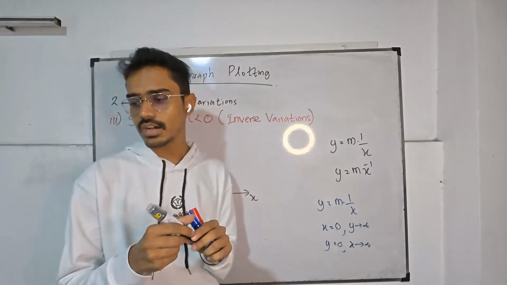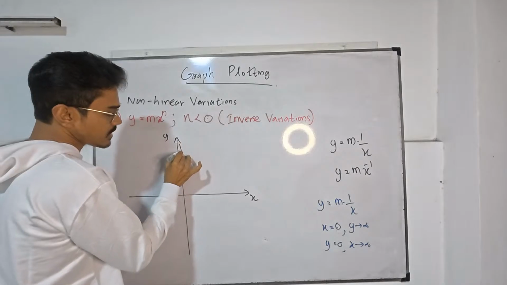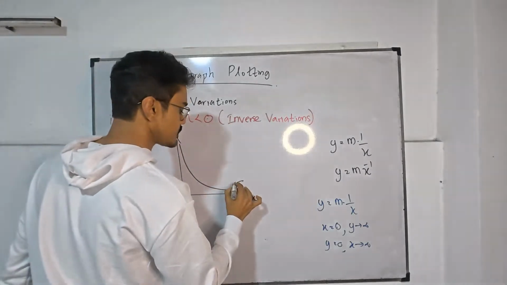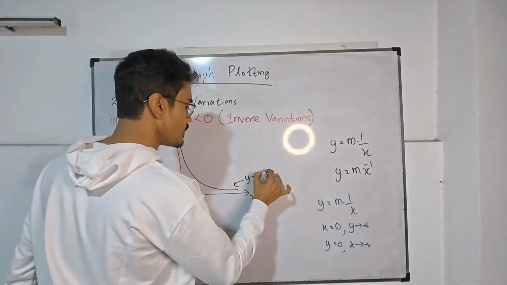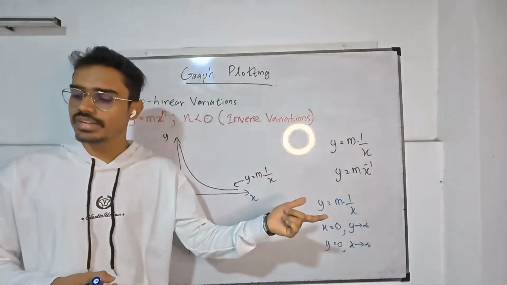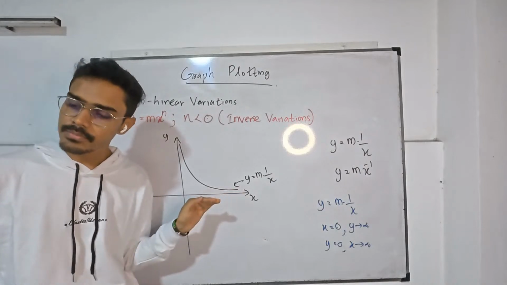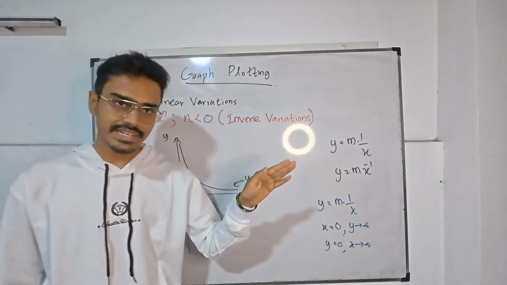And this is how we are getting these curves. If I plot a curve like y equals m 1 over x, this is what we are getting. To show that it's reaching infinity, we are plotting this last part of the graph parallel to the axis to say that it's reaching infinity.